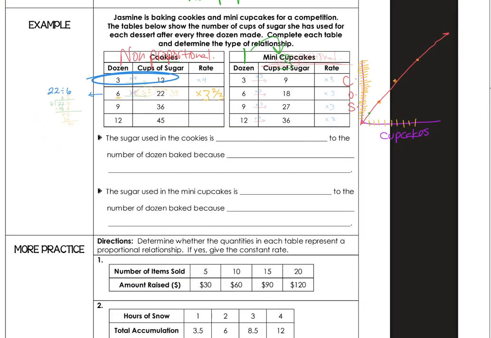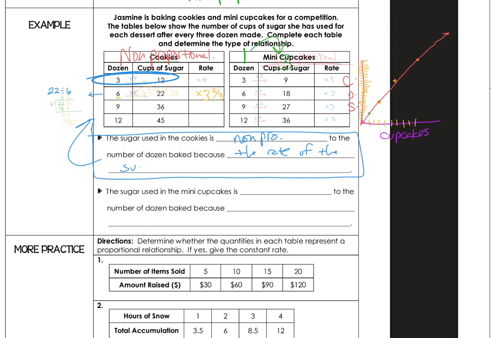If you're someone who really wants to fill in blanks, this one is about our cookie example. The sugar used in the cookies is non-proportional. I'm going to write non-pro because the rate of the sugar per dozen cookies is not equal.